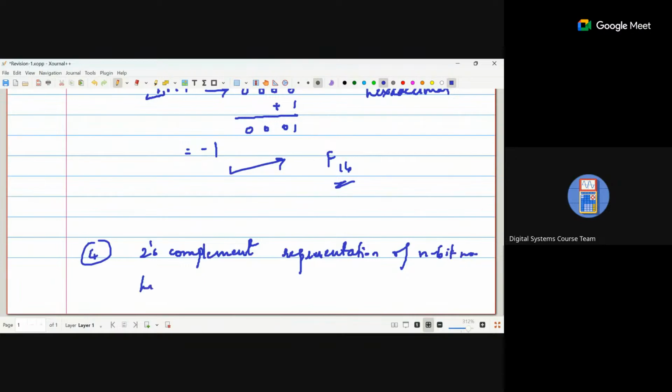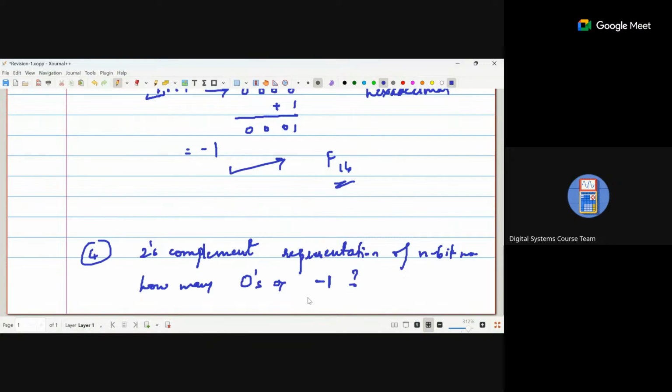Now how many zeros are there when you're trying to represent -1? So -1 you're trying to represent in two's complement representation in n-bit format.